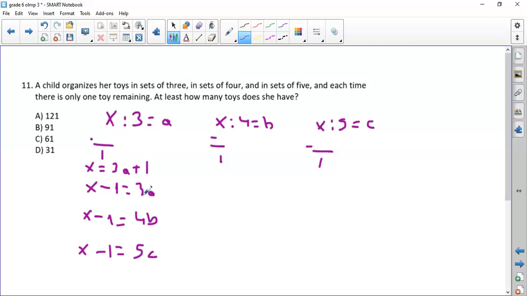Now, what can we say for this number X minus 1? It can be expressed as 3 times A, 4 times B, or 5 times C, which means this X minus 1, in fact, is a common multiple of 3, 4, and 5. So what is the least common multiple of 3, 4, and 5?